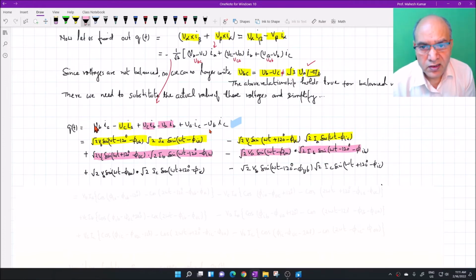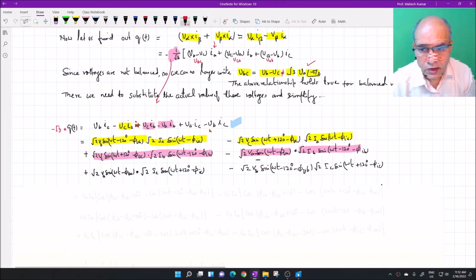I have left out the factor of minus 1 by root 3. You can put this factor, minus root 3, on this side into this, just to simplify the term.